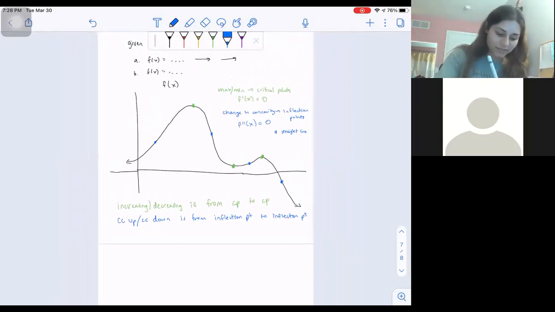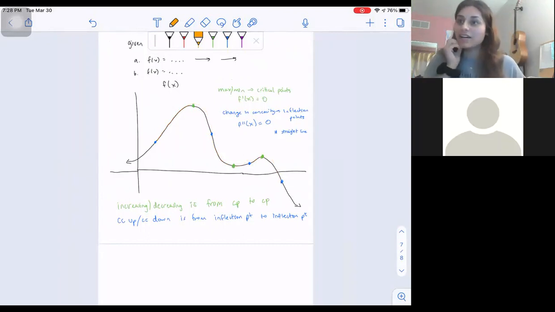So likewise in this blue, it's concave down from this point to that point. It's concave up from this point to that point. Concave down from this point to that point. Concave up is positive, concave down is negative. All right, how do you guys feel about that? Pretty good, hopefully.